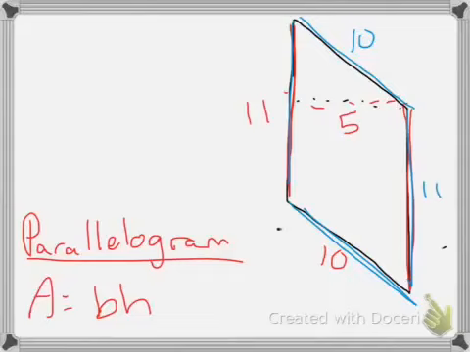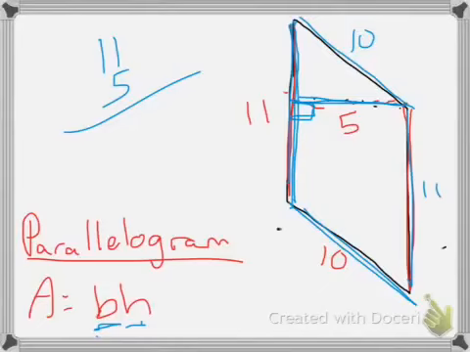Well, the answer is base times height. How do you know which one base is? The base is the one that goes with the height. So this height comes straight up from the base up to the top. So that means 11 is the base and 5 is the height. So our area would be 55. Let's have you try one of those.